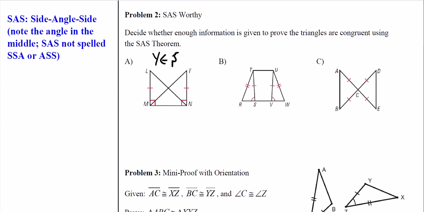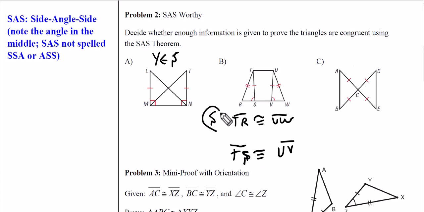Part B, well, they gave us that TR is congruent to UW. And again, let's keep that order, right? If I'm going from top to bottom or left to right, I have TS is congruent to UV. That's an S, sorry.